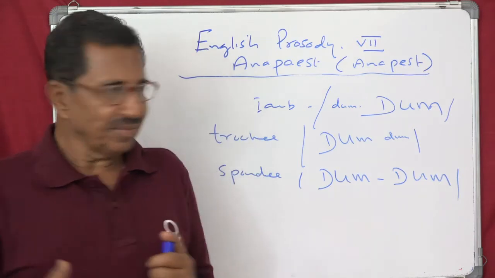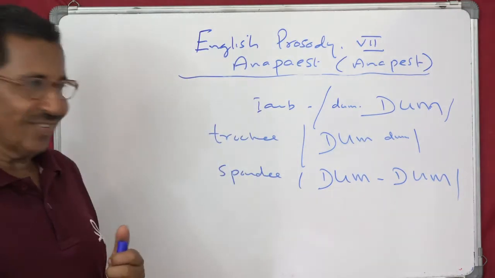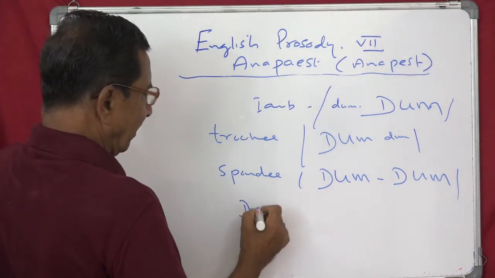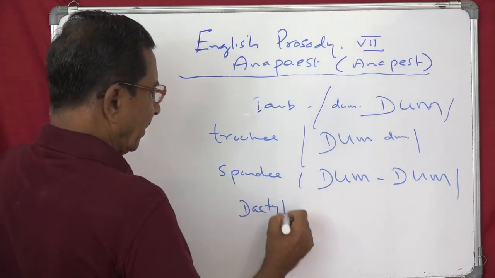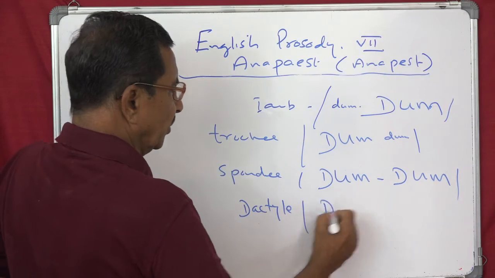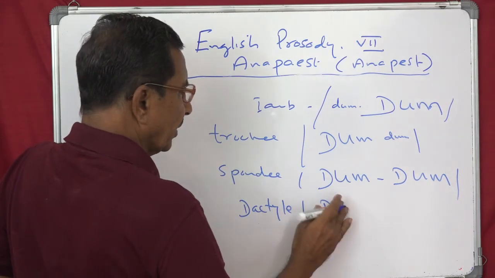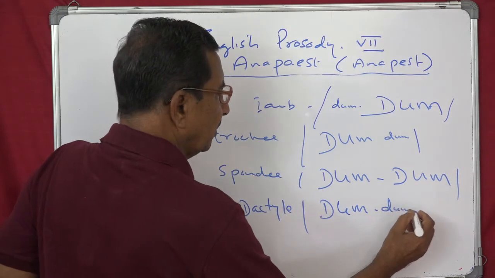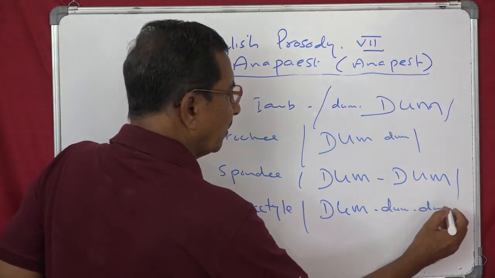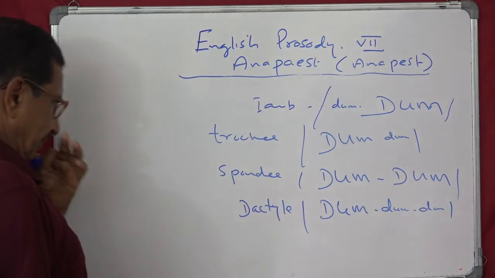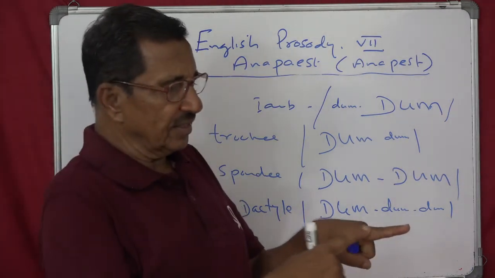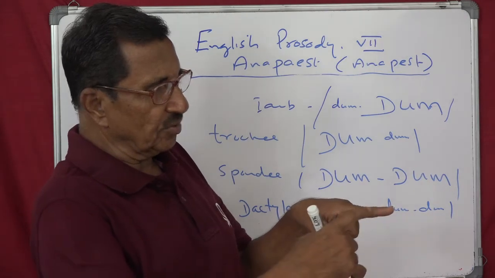I don't want to confuse you, that's it. Okay, then you have the dactyl. Dactyl is dum, dum, dum. That's dactyl. And it's only finger like. No? This is longer. These are too short.